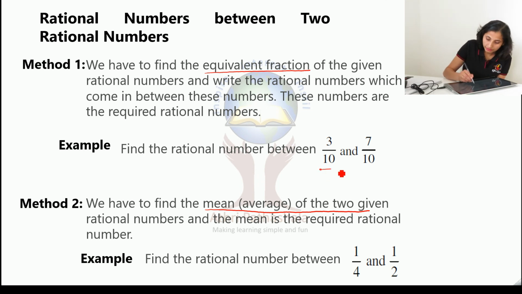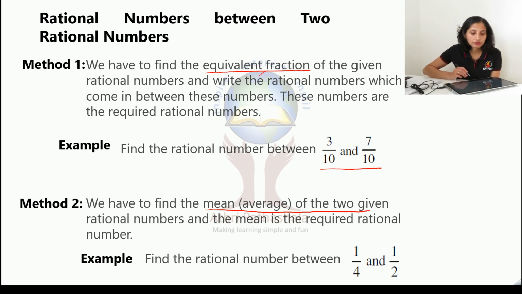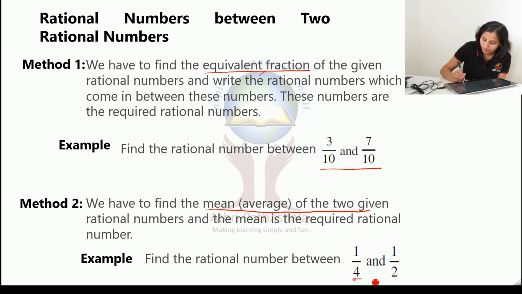So check these two: find the rational numbers between 3 by 10 and 7 by 10 using the first method, that is finding the equivalent fractions, and find the rational numbers between 1 by 4 and 1 by 2 using the mean or average of the two given rational numbers.